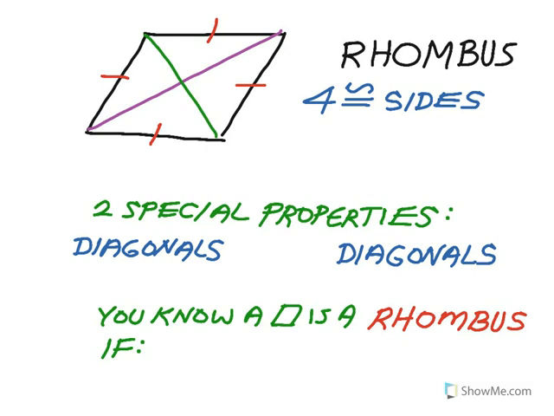First of all, the diagonals are perpendicular to each other, so we get 4 right angles there in the middle at the intersection of the 2 diagonals. And then the second special property is that the diagonals bisect the angles of the rhombus. So the interior angles of the rhombus itself are bisected.